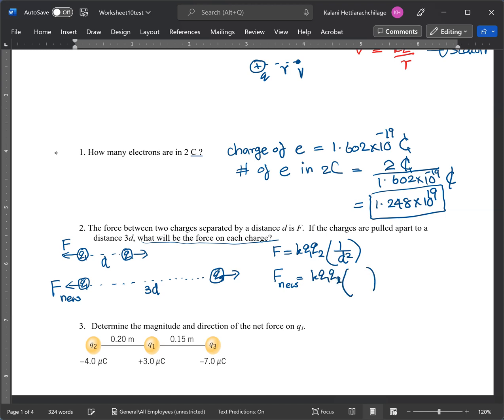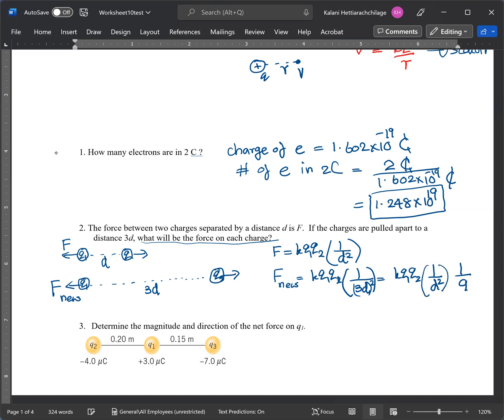The only thing you change is you make the distance 3D now, 3D to the power 2, right? If I simplify this, K, Q1, Q2, and I have 1 over D squared, but I have 3 to the power 2, that means I will be left with 1 over 9, right?